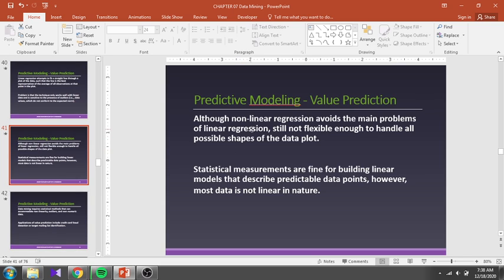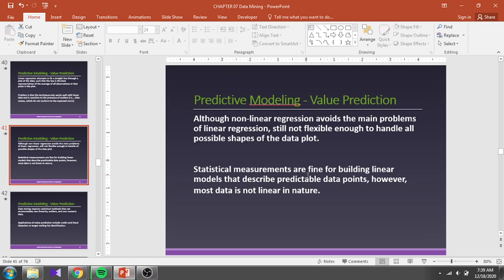Okay, although non-linear regression avoids the main problem of linear regression, it is still not flexible enough to handle all the possible shapes of the data plot. Yes, even if the data is not linear, we can use this non-linear regression, but it says here that it's not enough to handle all the possible shapes, meaning all of the possible connections or interrelations between the units.